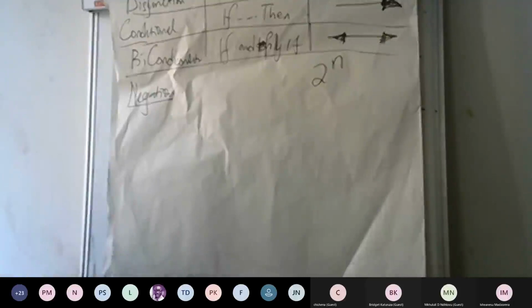What do I mean when I say the number of unique variables? Let's start with the negation, then we'll come back to that.